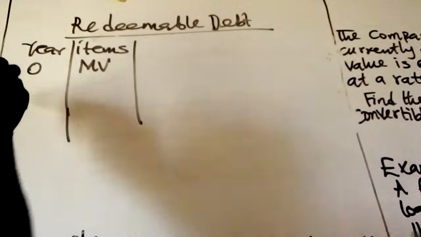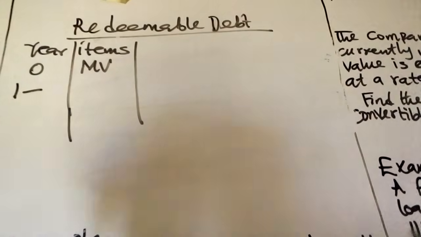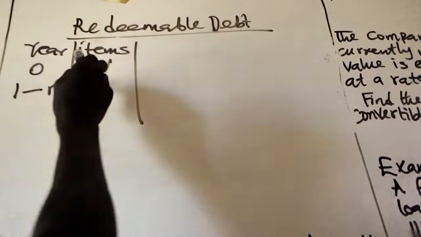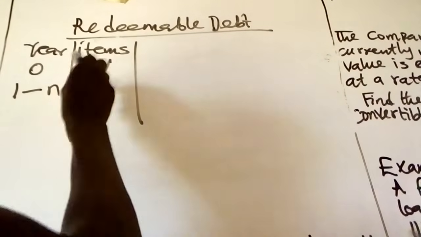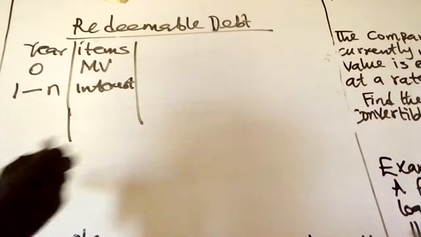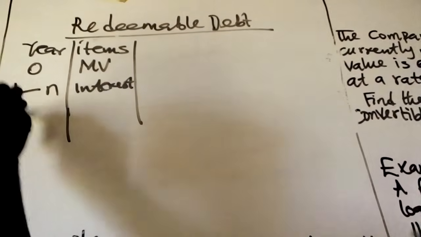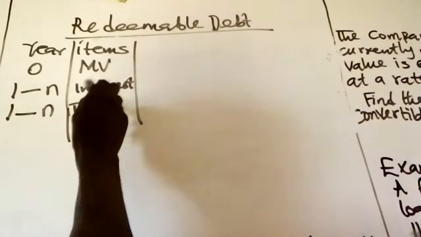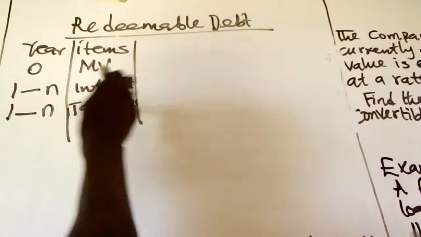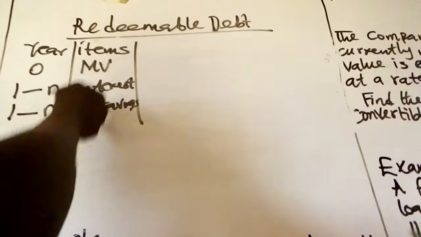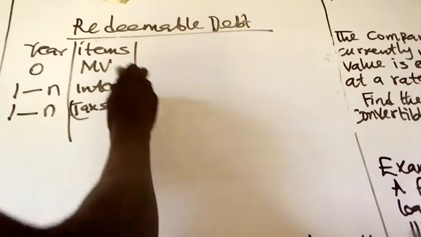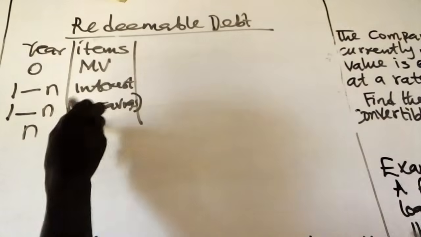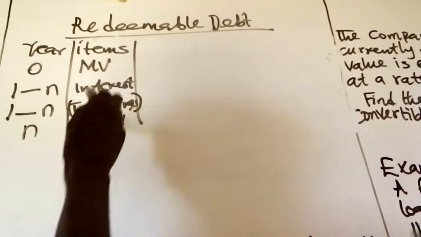Then year 1 to the end of the period, you have the annual interest. Then year 1 to the end of the period also, you have the tax savings on the interest. That tax savings, you apply the rate of tax on your interest, then you treat it as an outflow. Then at the end of the period, you have capital repayment.